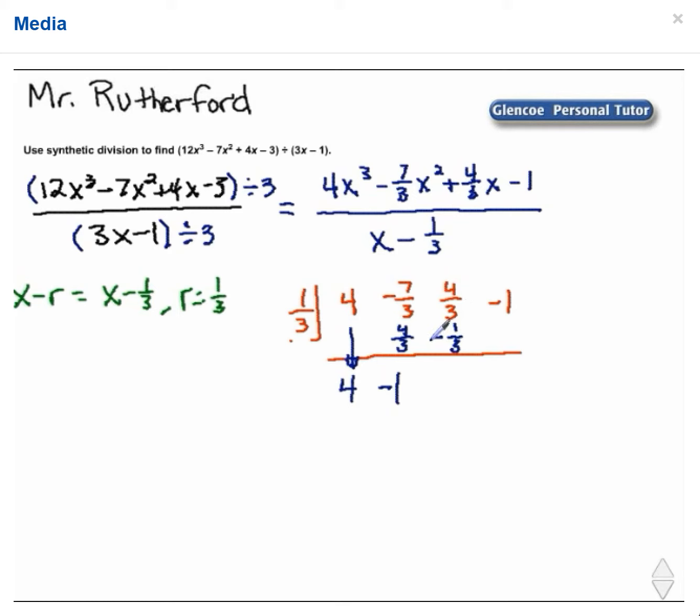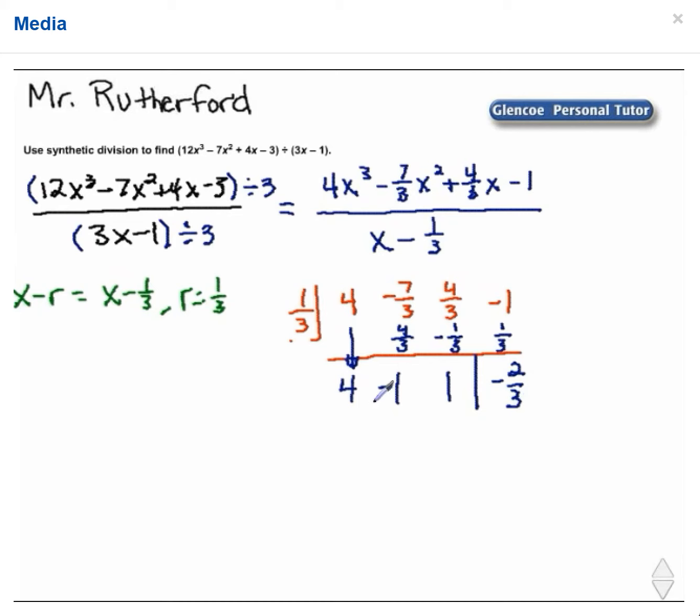Now we have 4 thirds plus negative 1/3, which equals positive 1. So we have 1/3 times 1, which is 1/3. Then we have negative 1 plus 1/3. And this is going to be our remainder, which is negative 2/3.